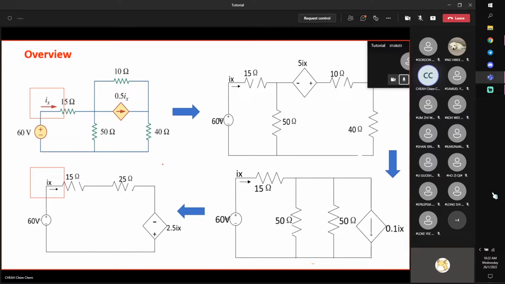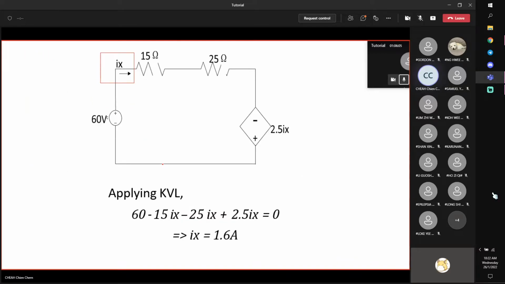Then circuit analysis becomes simpler. Rather than dealing with 3 meshes, we have only one. And this means that I can now use, for example, mesh analysis, one mesh. This is my Ix, which is the current which I want.